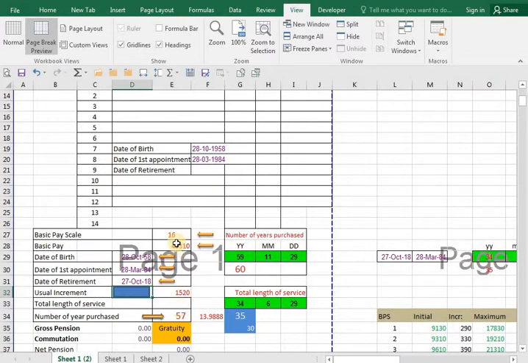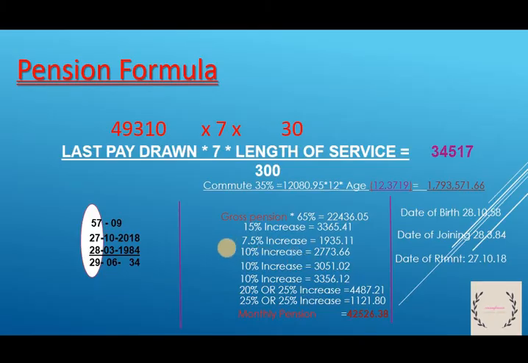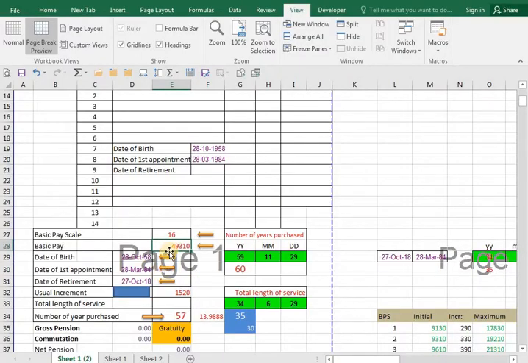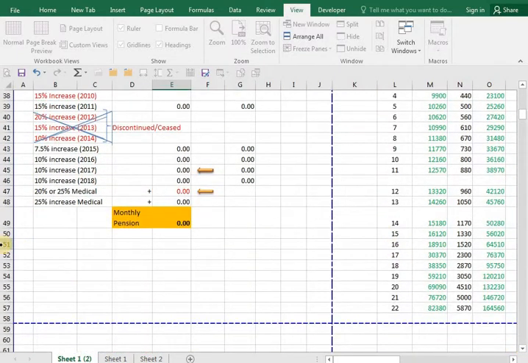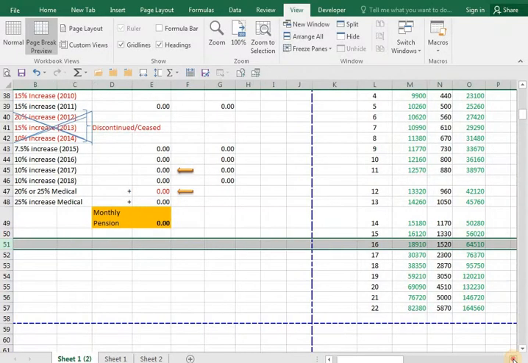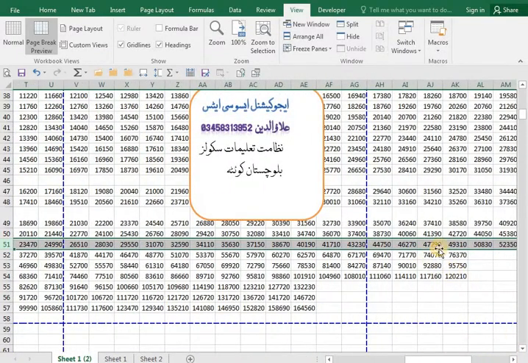So therefore his basic pay is 47,790, and by adding the usual increment it will become 49,310.